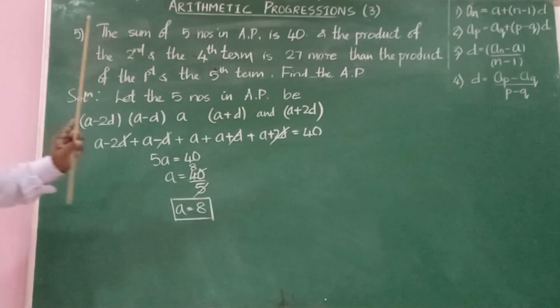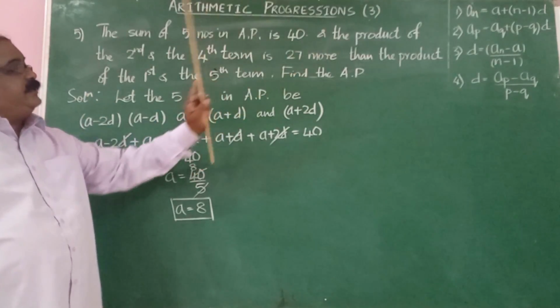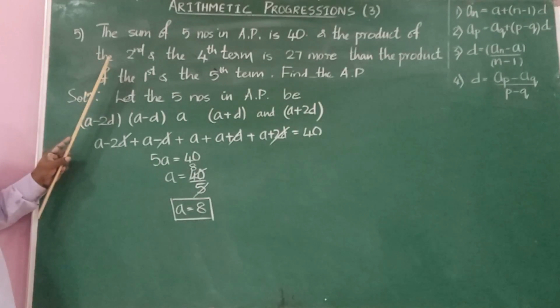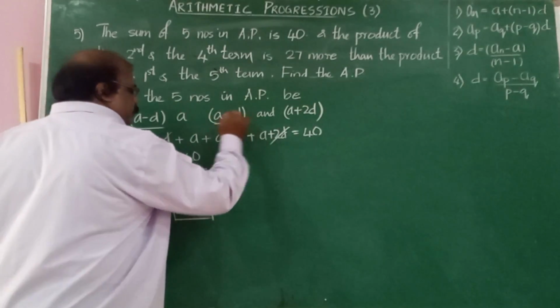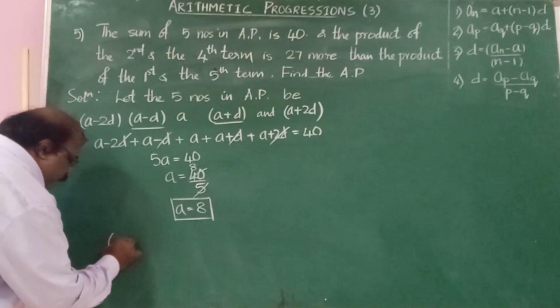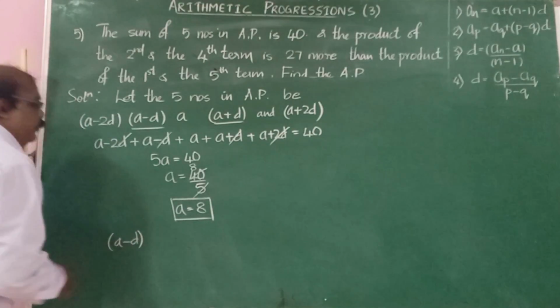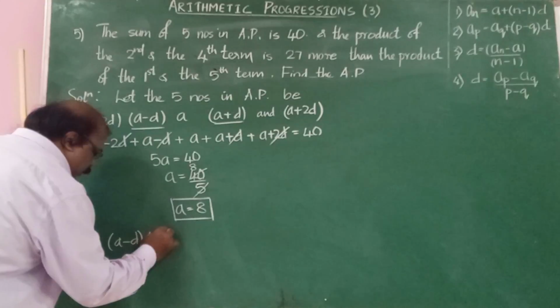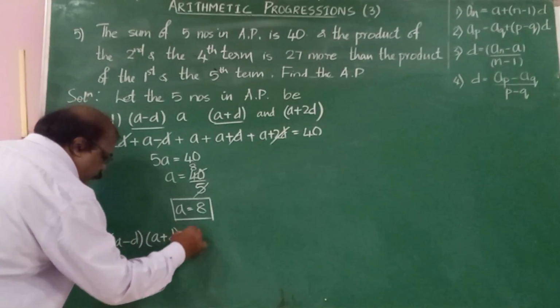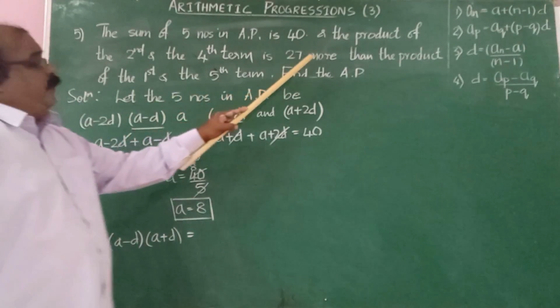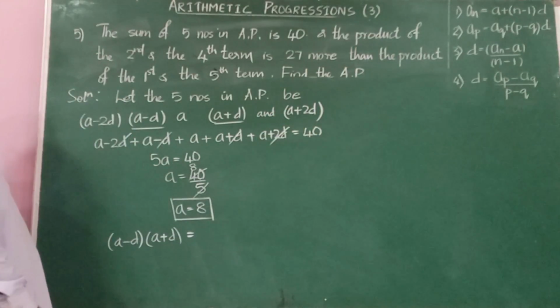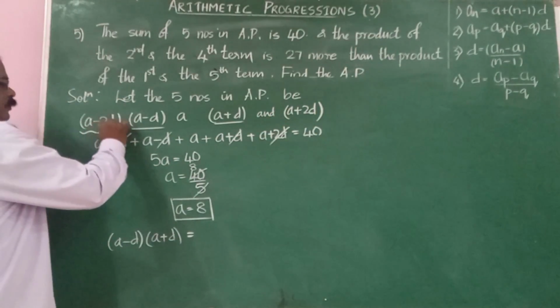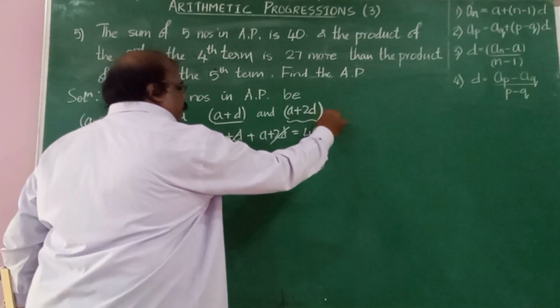Now let's go to the second condition. The second condition says that the product of the second and the fourth term is 27 more than the product of the first and the fifth term. This is your first term and this is your fifth term.